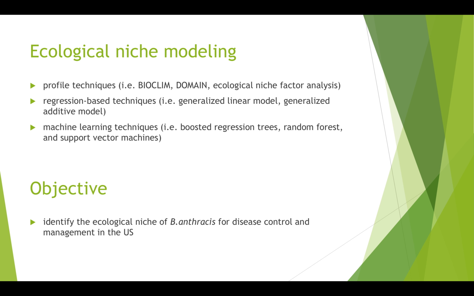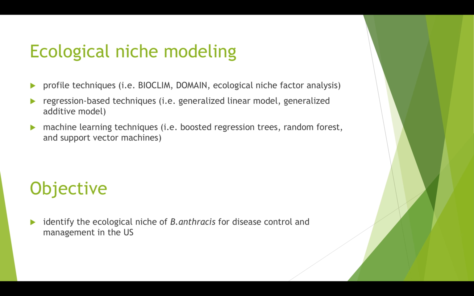And there are also some regression-based techniques such as the generalized linear model and generalized additive model. And nowadays, machine learning algorithms are also very popular in species distribution models, such as boosted regression trees, random forest and also SVM.